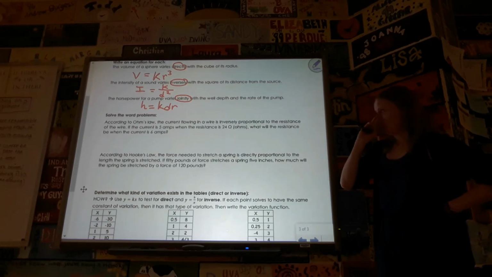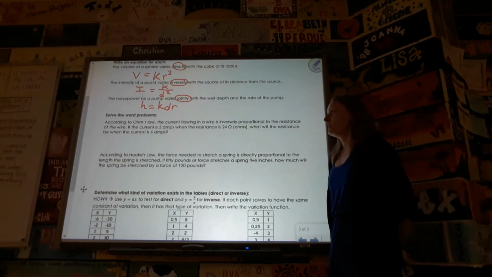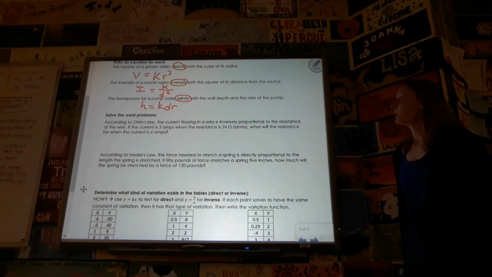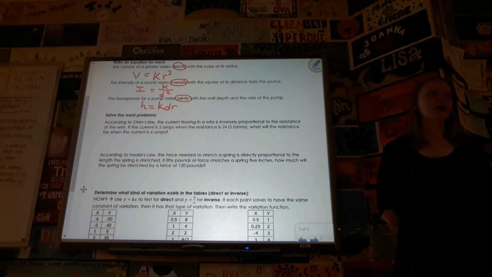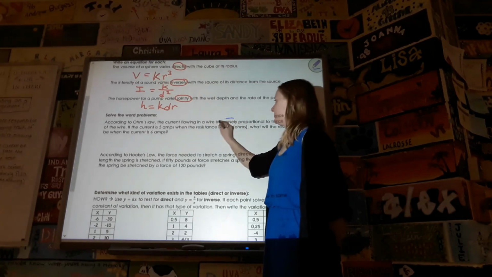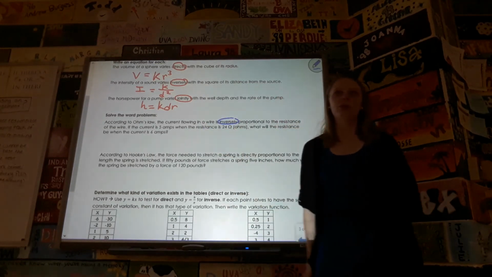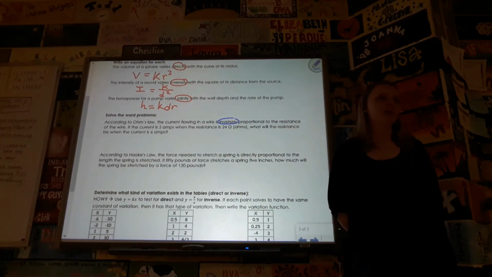Probably physics or something. Okay, so this one says, according to Ohm's law, the current flowing in a wire is inversely proportional to the resistance of the wire. That first sentence is going to tell us our equation. Which type of variation? Inverse. On the left side of the equation, what variable should I use?